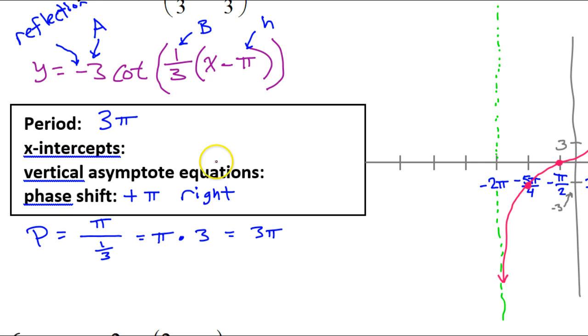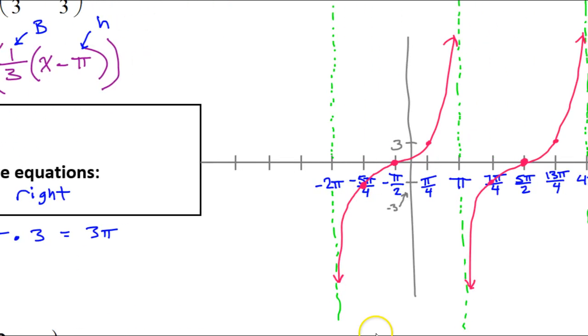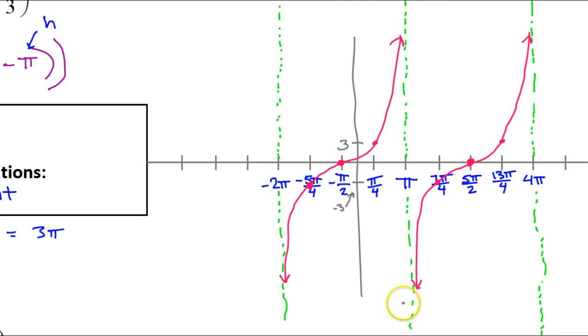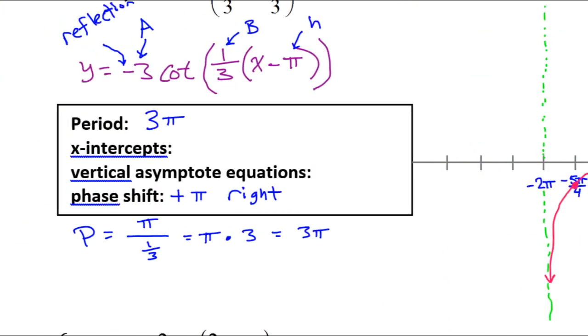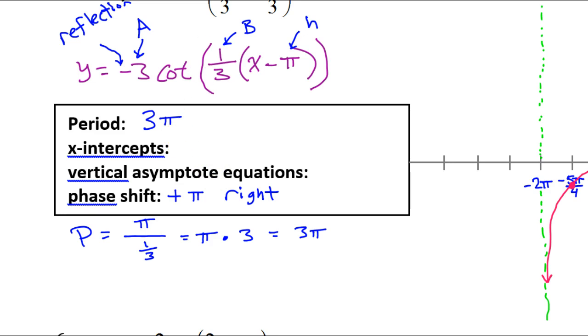I actually ended the video, but I forgot about the x-intercepts. Remember, this is 2 periods of the function. So if you just look at one period, like this one over here on the right, it only has one x-intercept per period. So I'm going to just pick my first positive x-intercept, which is 5 pi over 2, and I'm going to start with that.